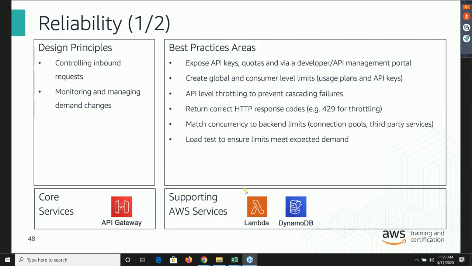The principle here is that if requests are coming in a lot more than what you can handle, you control them at the edge rather than let them cascade into your system and cause issues.